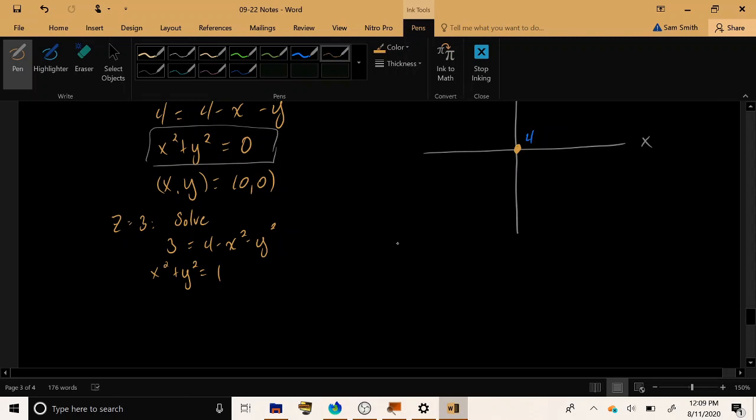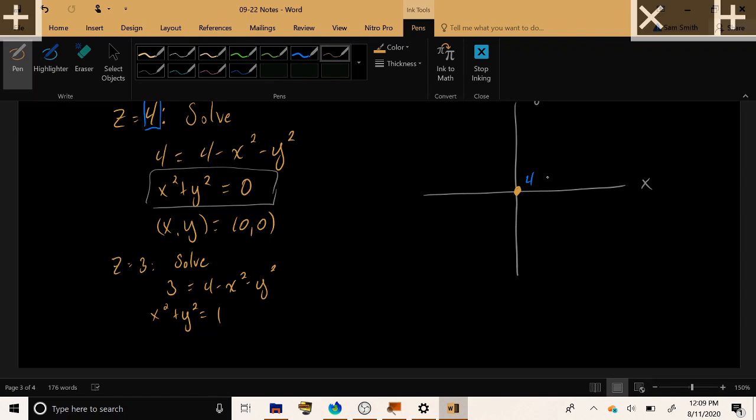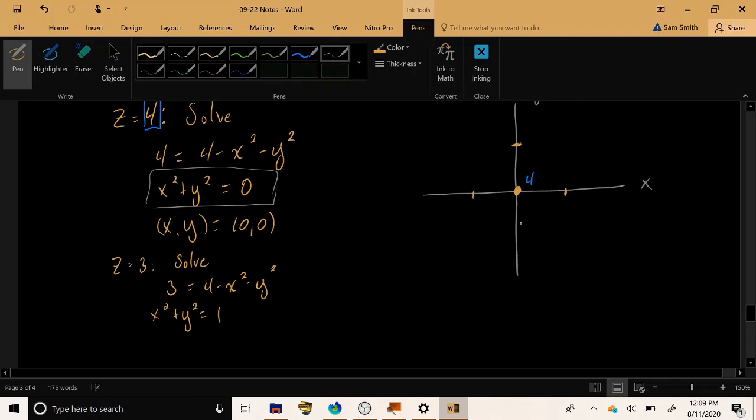In other words, the set of all points that correspond to an elevation of 3 on the graph is the circle of radius 1. So I'm going to put some nice spacing in here, and we're going to create the circle of radius 1 as well as we can.